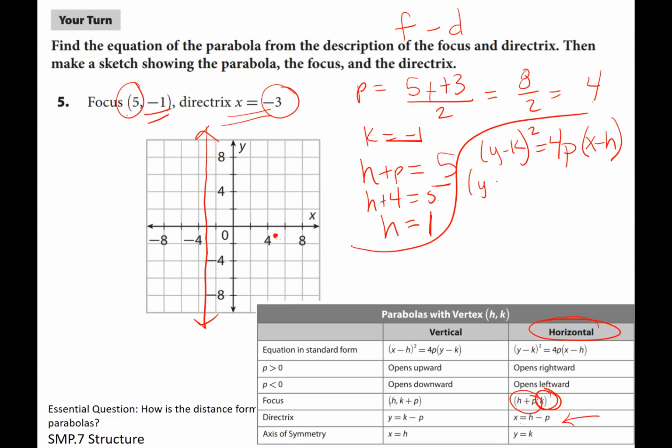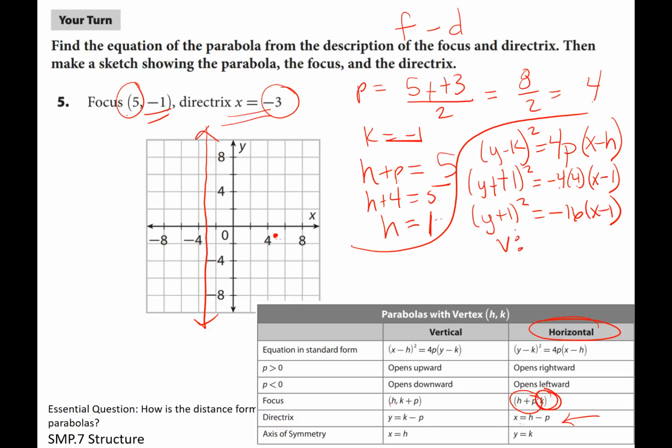So y minus -1 squared equals 4 times p, which is 4, times x minus the h value, which we calculated to be 1. Double negative is going to go positive. So we get y plus 1 squared equals 4 times 4, which is 16, times x minus 1. So we've got the equation.